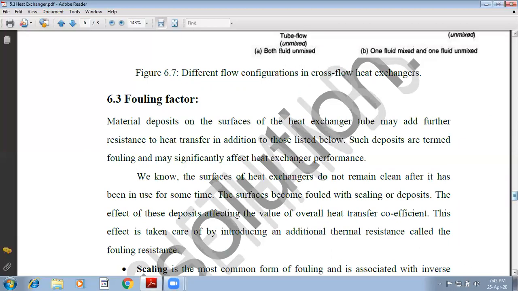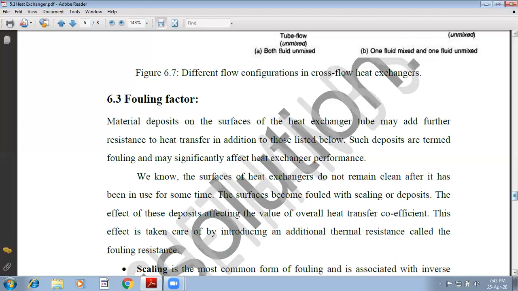To give you an example, if you consider a water heating coil, after certain period of usage, if you see the surface, you can find it is adhered with some deposition over the surface.